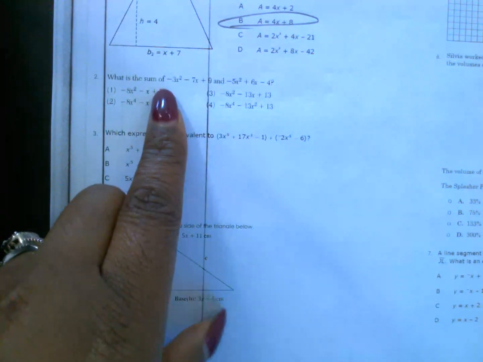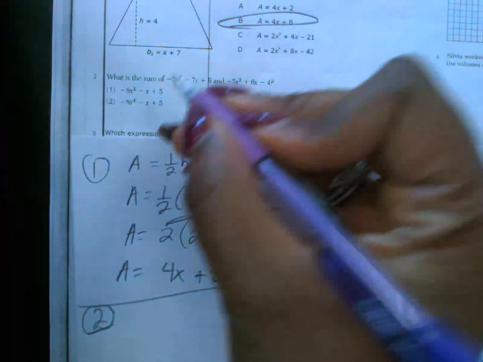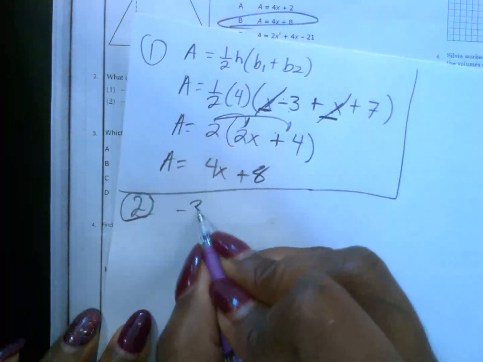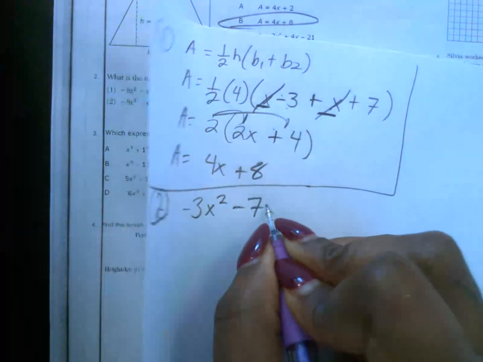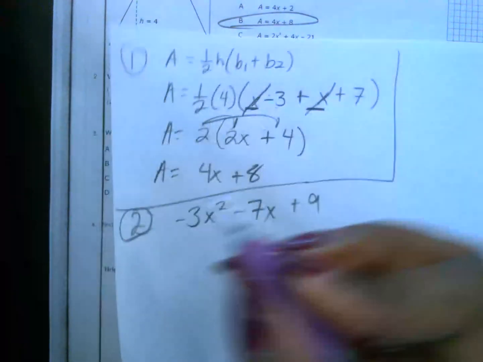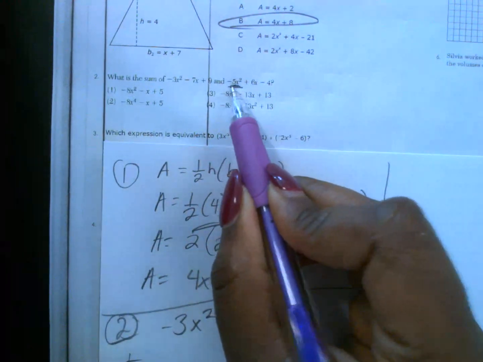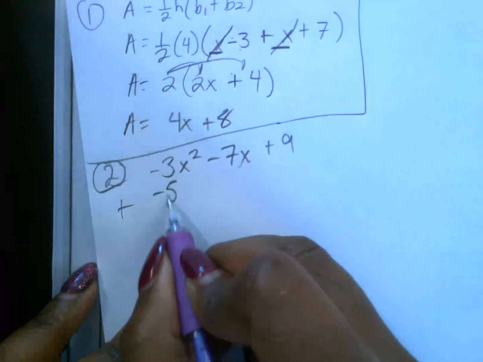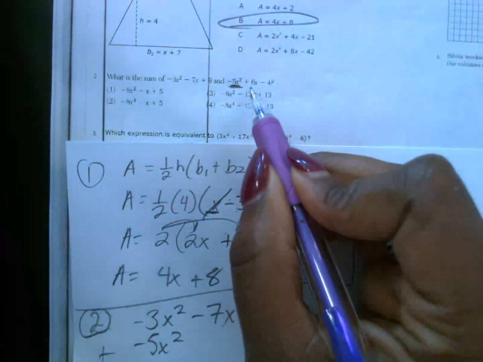All right, so this is the sum. Sum means that you're adding this and this. So you're adding these two together. You have -3x squared minus 7x plus 9, and you're going to add this. The term that is like it is -5x squared. I'm going to put that under the 3x squared. Then we got 6x.